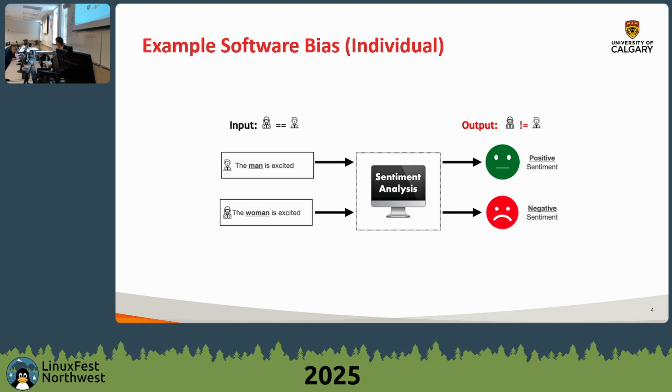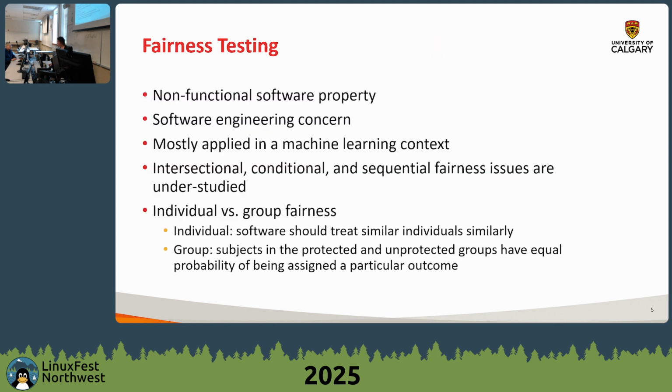This is not any specific software, but this is just an example of natural language processing, how you would see individual level bias. So fairness testing is considered to be a non-functional software property, like, say, speed.